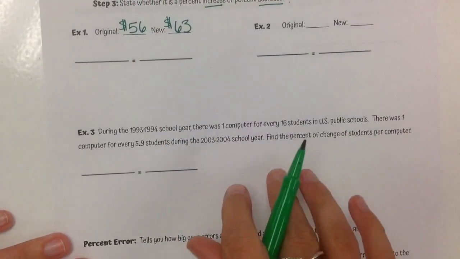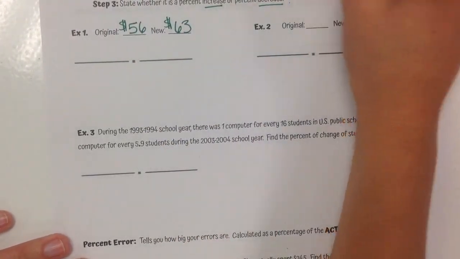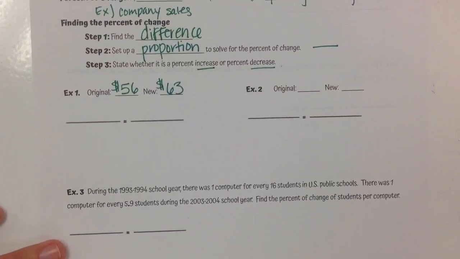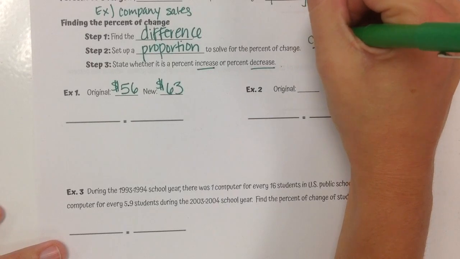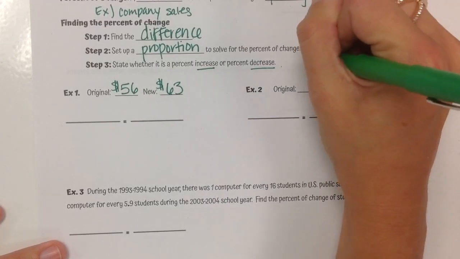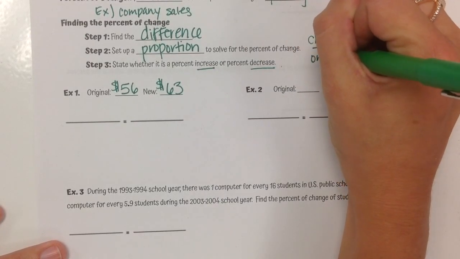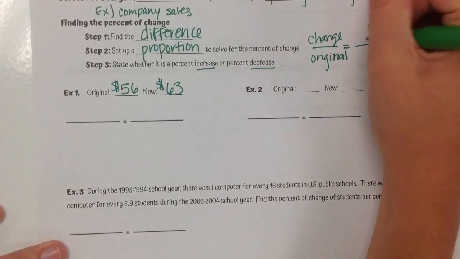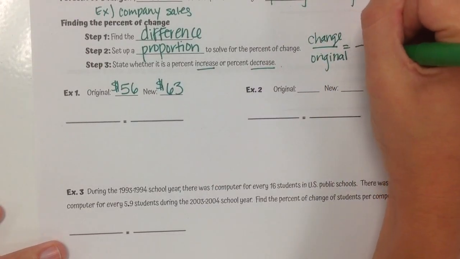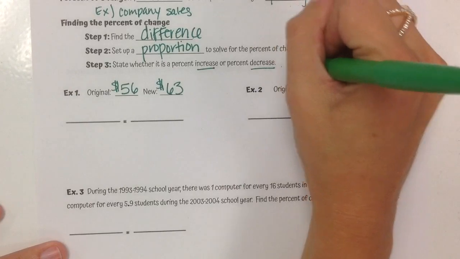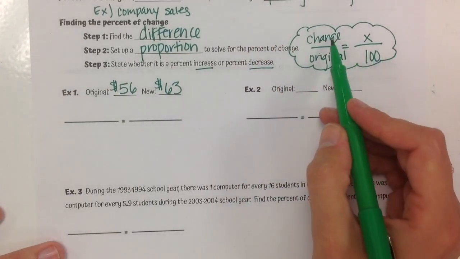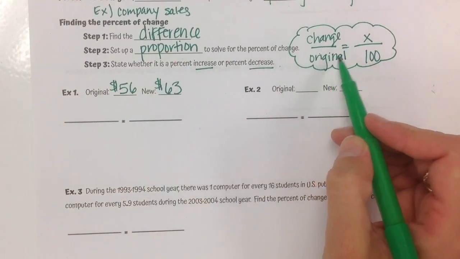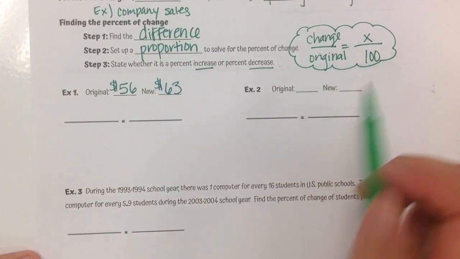When we're setting up a percent of change, your basic proportion should be the change over the original equals what percent out of 100. So this is the basic setup that you should be doing: how much should change, so that difference compared to the original equals the percent out of 100.